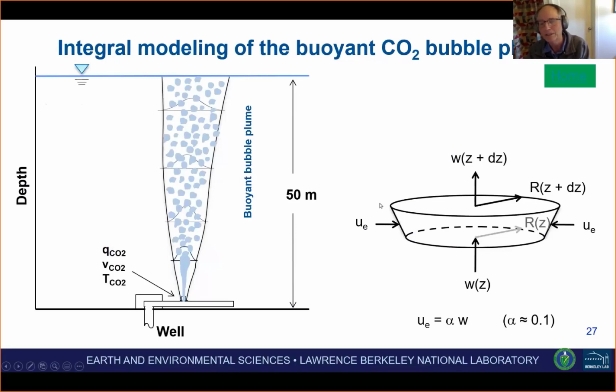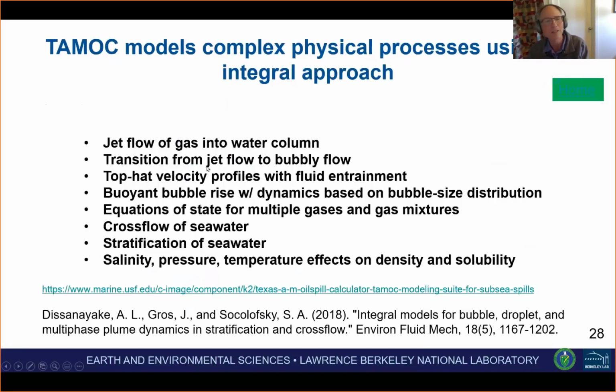And so in the integral model, this plume is divided up into a whole bunch of pieces, and we have vertical velocity in and vertical velocity out. The all-important entrainment velocity. As the CO2 bubbles are rising, it entrains more seawater. And then entrainment velocity is usually about 1/10 of the vertical rise velocity.